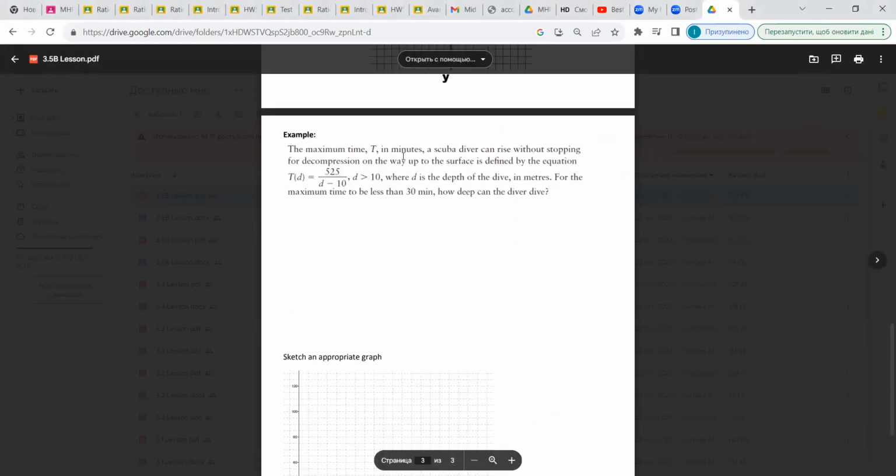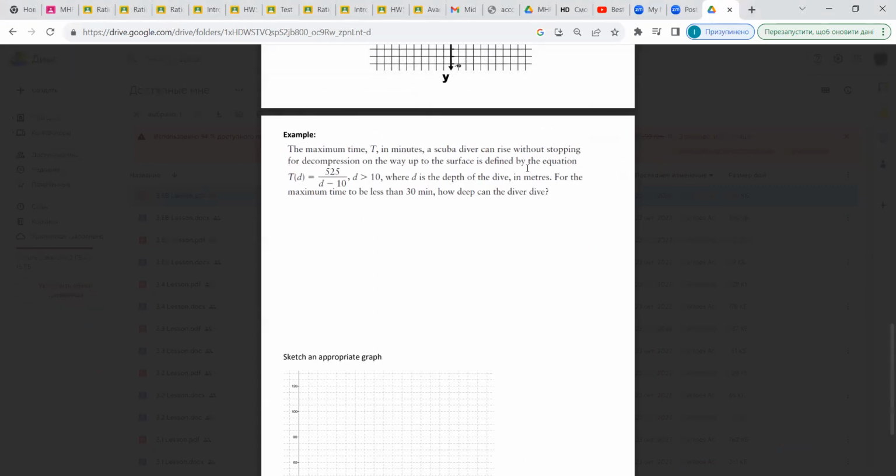The maximum time t in minutes a scuba diver can rise without stopping for decompression on the way up to the surface is defined by the equation: time with respect to depth, t of d equals 525, constant ratio, divided by d minus 10, where d is greater than 10, our domain. d is the depth of the dive in meters. For the maximum time to be less than 30 minutes, how deep can the diver dive?